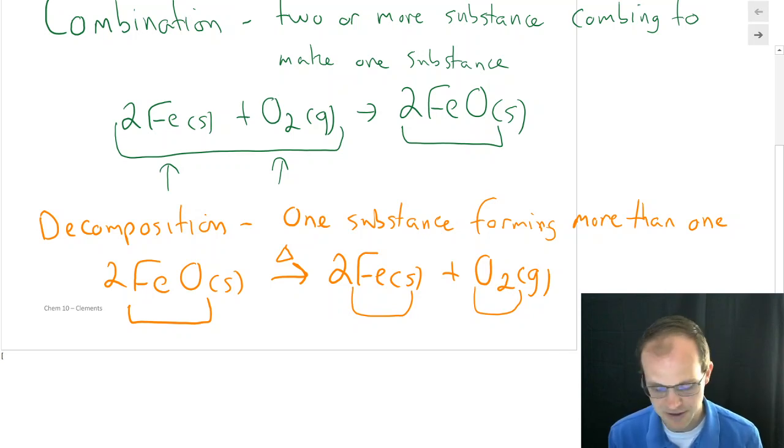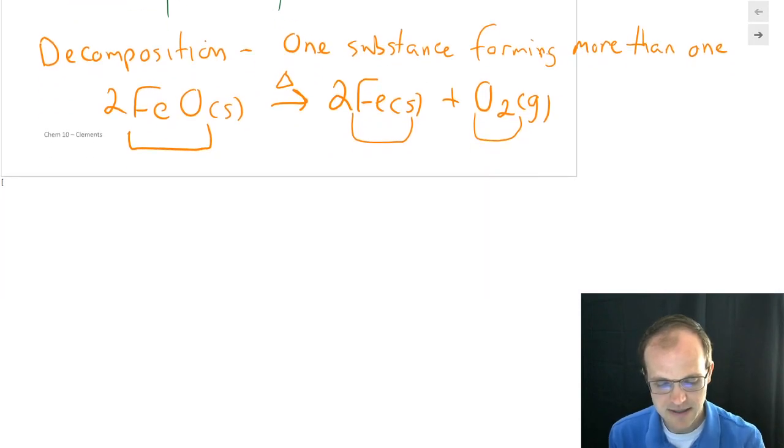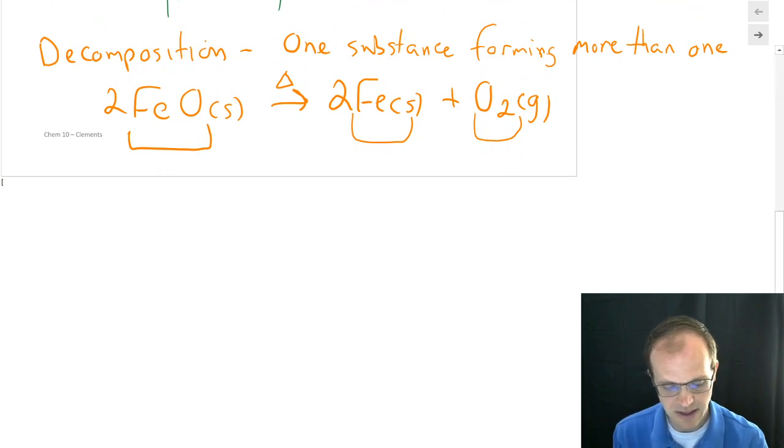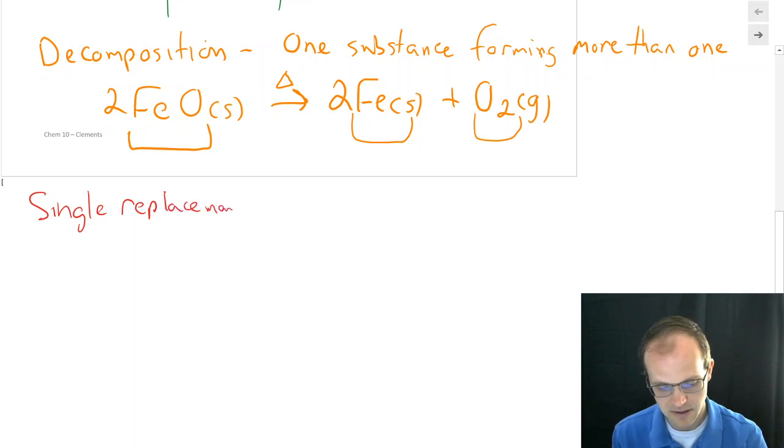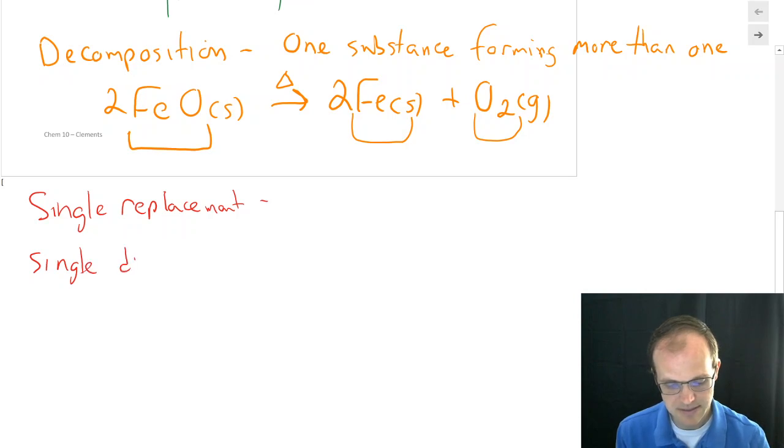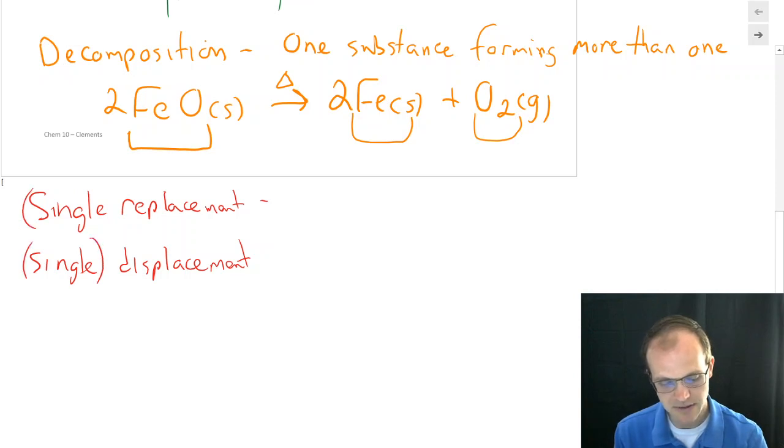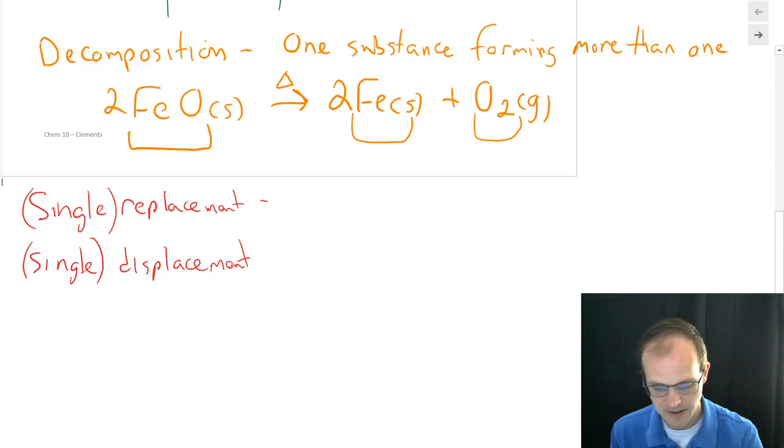That's decomposition. Our next type of reaction is called either a single replacement, a single displacement, or sometimes people will leave off the single and they'll just call them replacement reactions or displacement reactions.